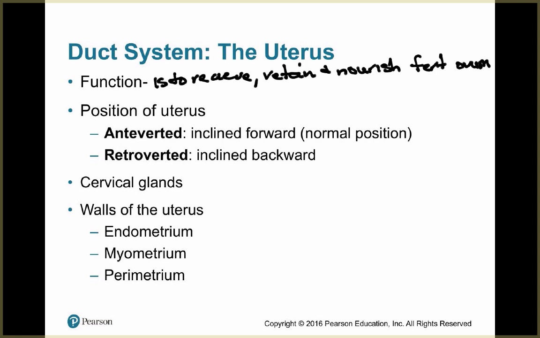Right? And so there's a position that the uterus can have. It's either anteverted, which is inclined forward, and that's the normal position, or retroverted, which is inclined backwards, and that can basically make having a baby extremely difficult. Now, we're just going to talk about this, but I'm going to show it on a slide a couple slides forward from here.